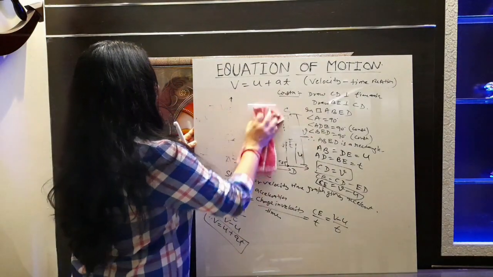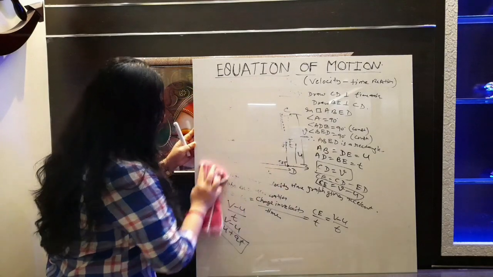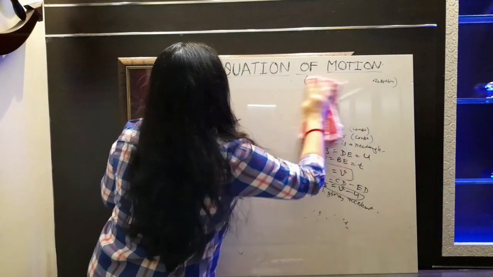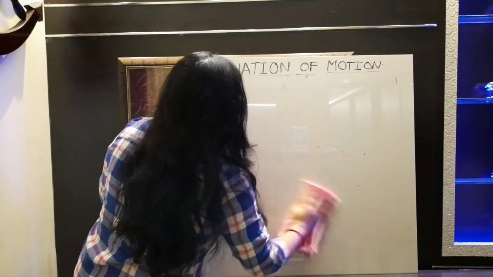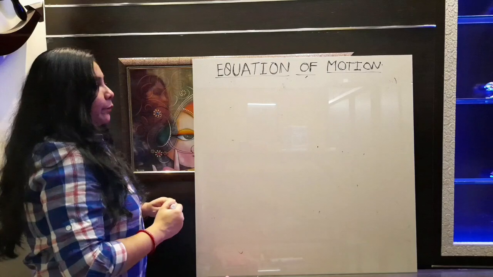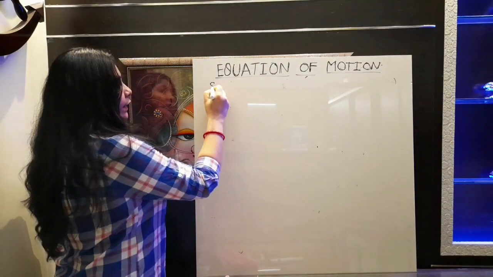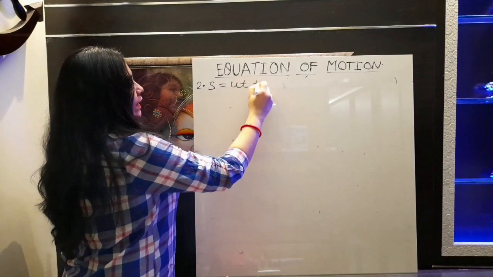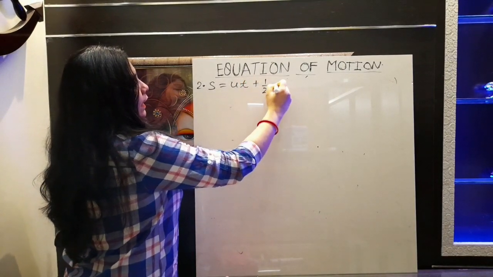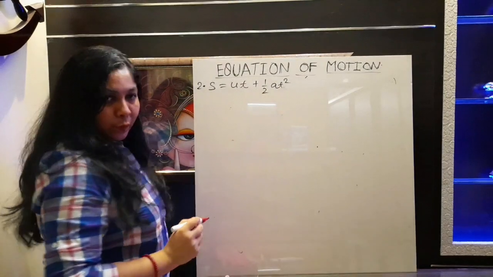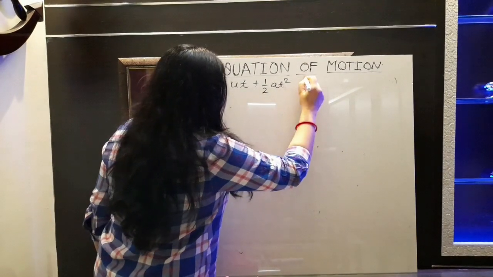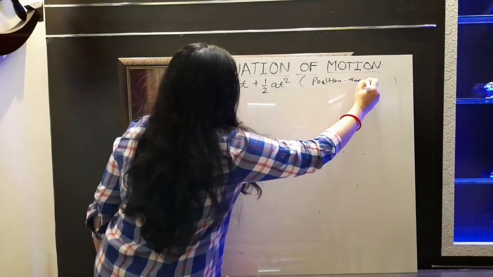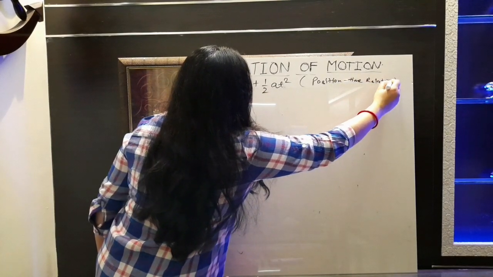Now our next equation is the second equation, S is equal to ut plus half AT square. I am going to derive this equation, and it is named as the position time relation.